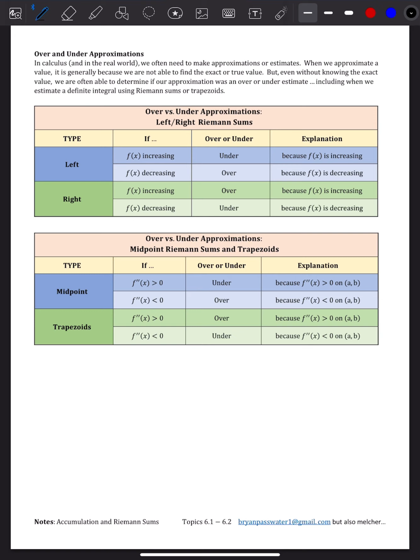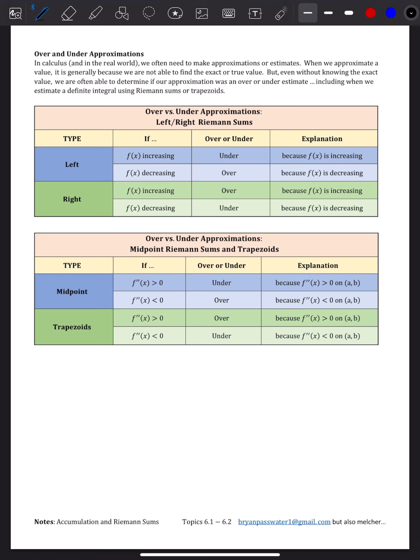And just like with left and rights, with increasing and decreasing, they flip. So if we have a midpoint Riemann sum and we have a concave down function, our concavity is negative, it's going to be an overestimation versus a trapezoidal rule where our estimation is going to be an underestimation.